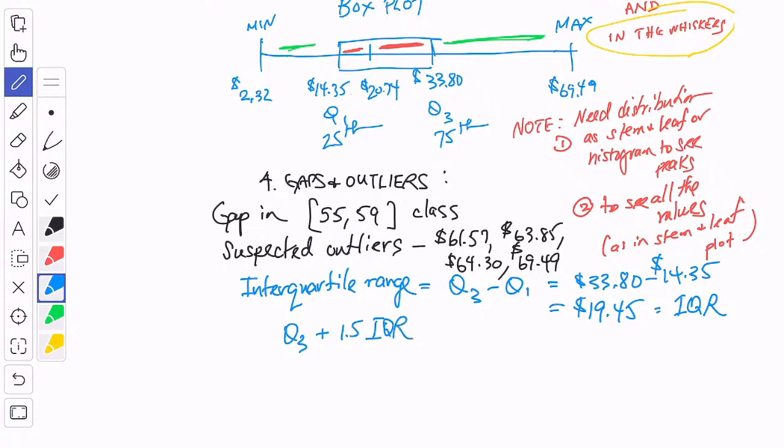So that's going to be Q3 plus 1.5 times IQR. Q3 is 3380 plus 1.5 times IQR, which is 1945.